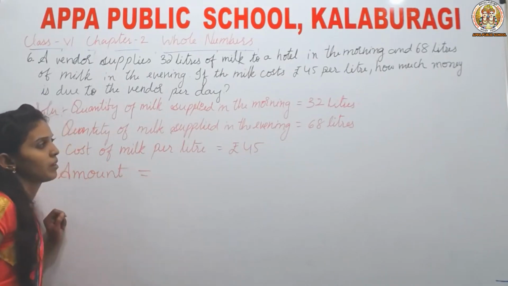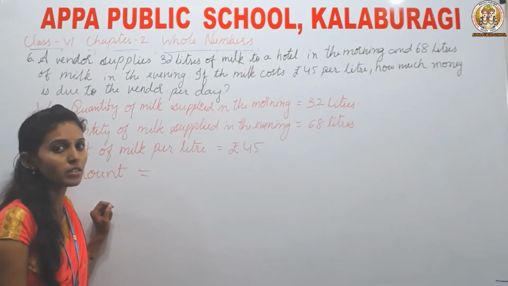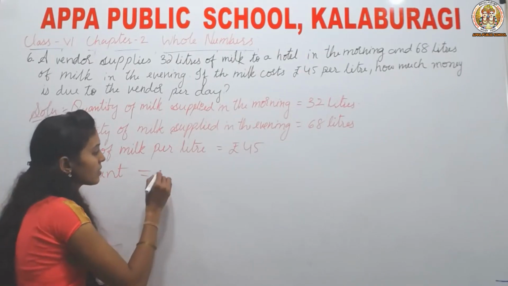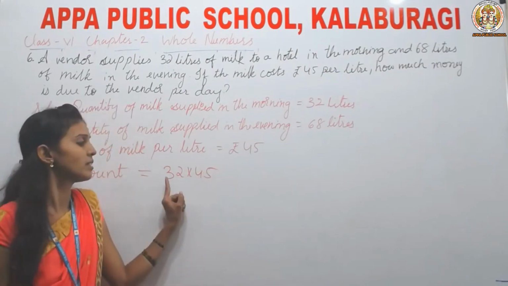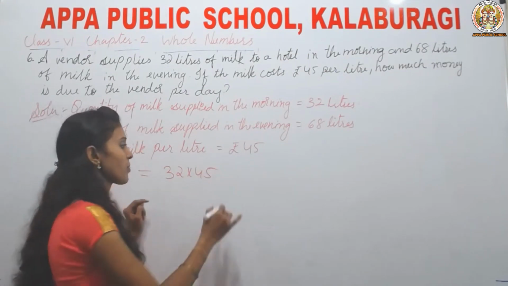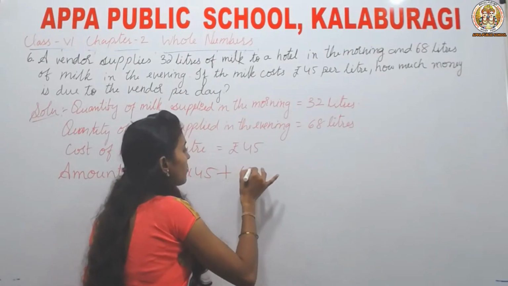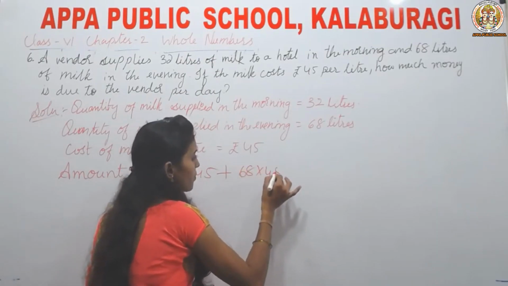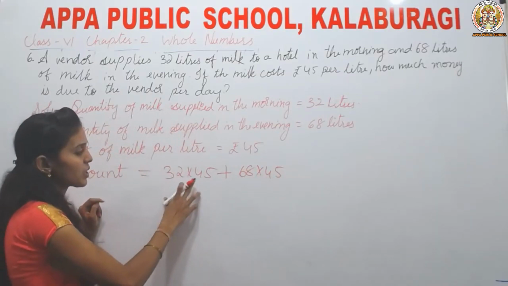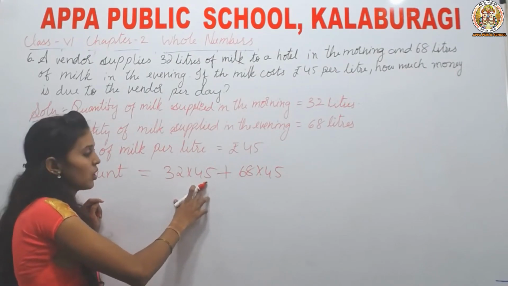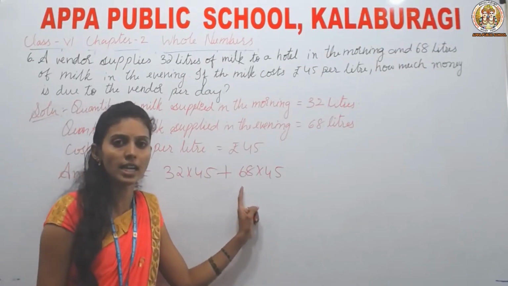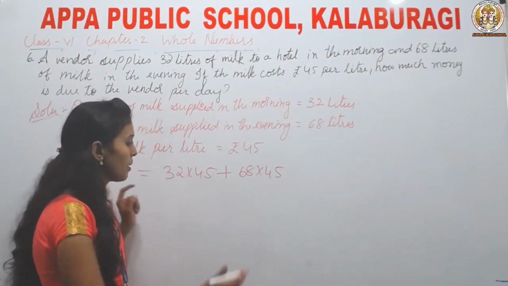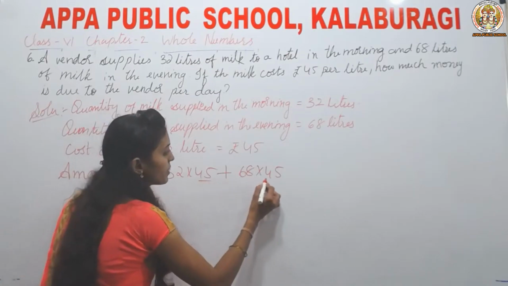Amount due to the vendor is 32 into 45, because in the morning he has to pay this much, and in the evening this much. Right? For 1 liter he has to pay 45. So for 32 liters, 32 into 45. Same thing for 68 liters, 68 into 45. Here we have 45 common.